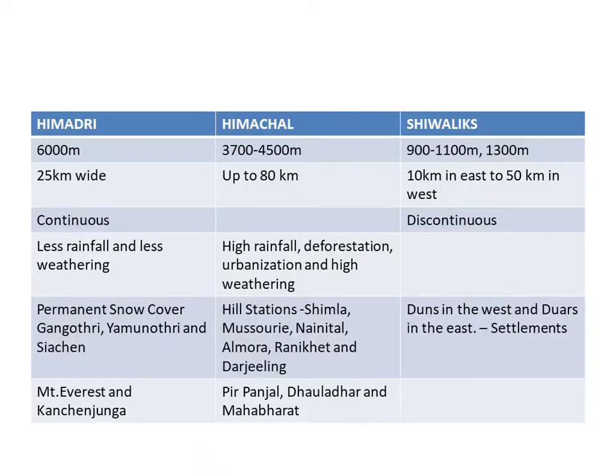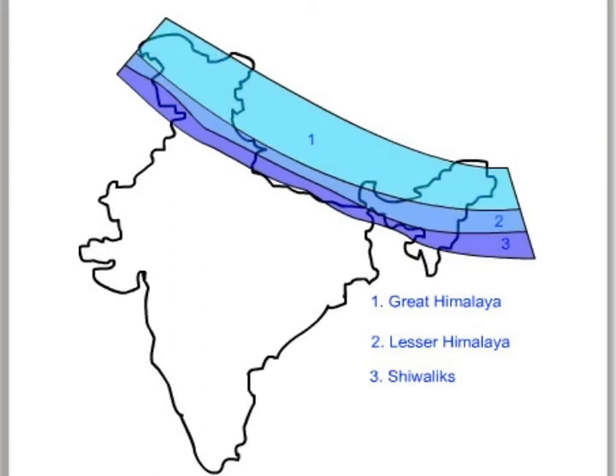So let's see the difference between these three. Himadri is very high and loftier compared to the other two parts of the Himalayas, and Sivaliks lies at the least height, forming the lower part.